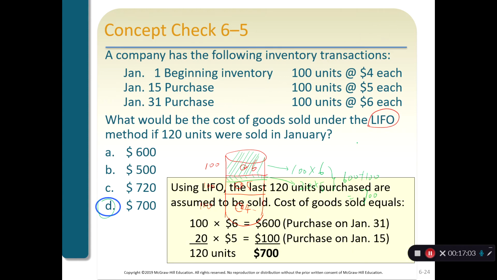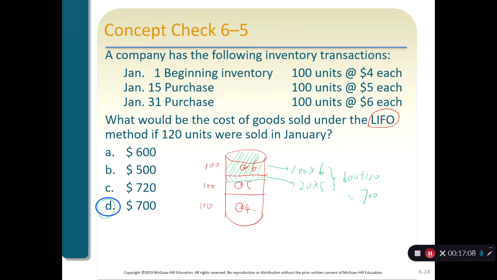Hopefully this gives you the big idea of LIFO and FIFO. It's just about where you take first. If it's FIFO, you start with the bottom drawer and keep taking until you fulfill your order.